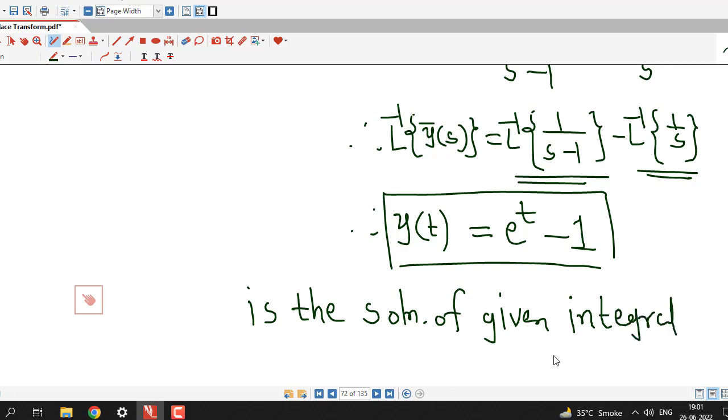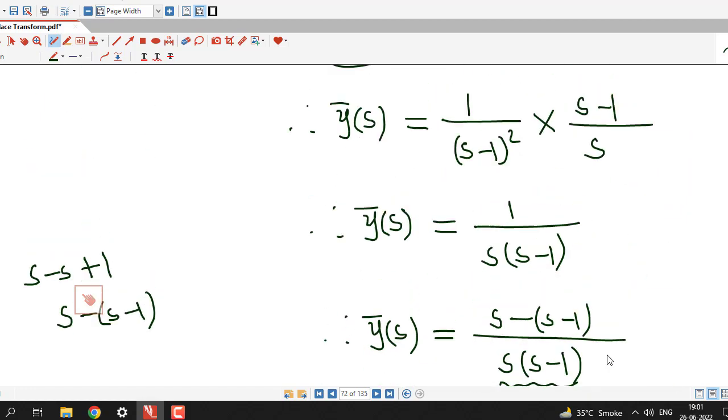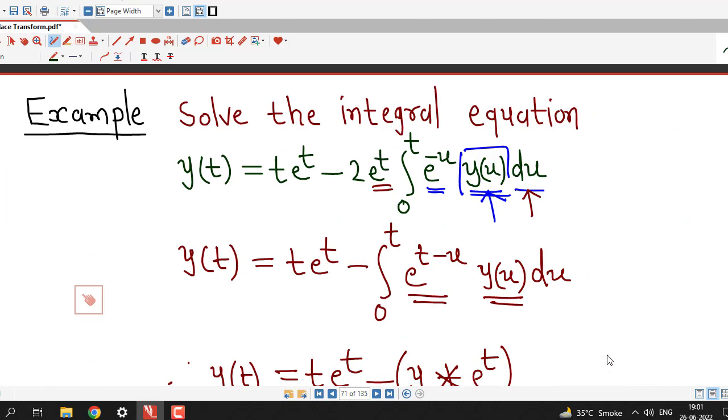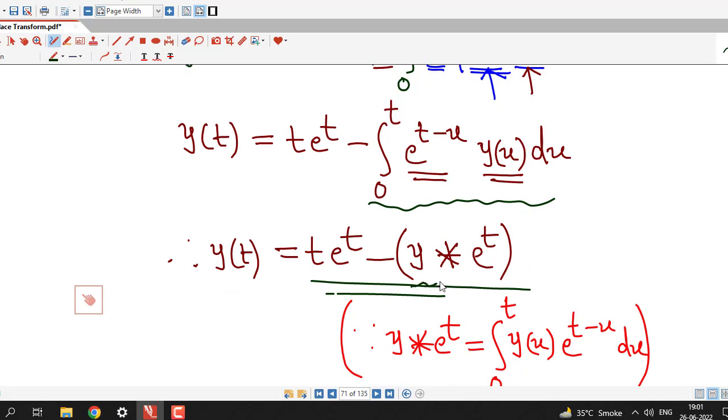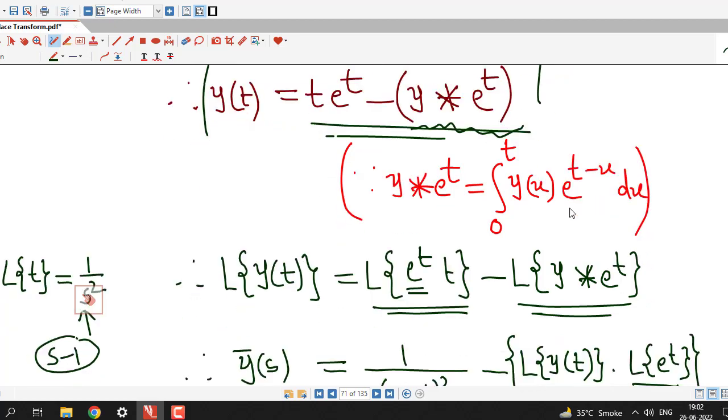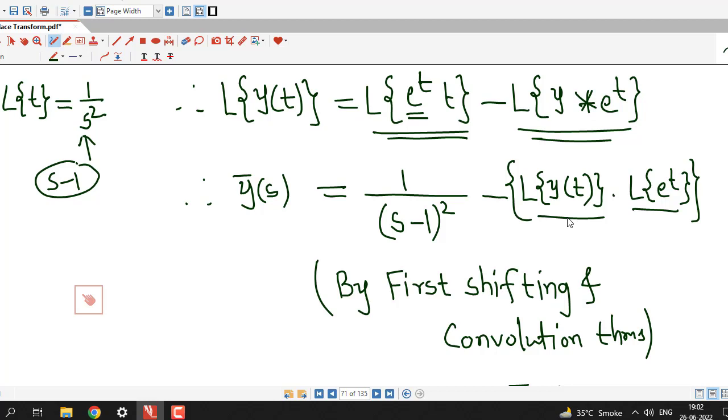So you can see it is very easy to obtain the solution of an integral equation in certain cases if we are able to express the integral inside the integral equation as a convolution of two functions. Once we are able to write our function in terms of convolution, we apply the Laplace transform.